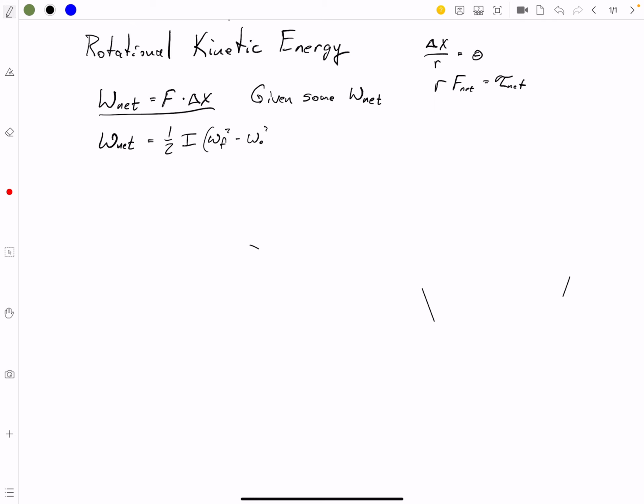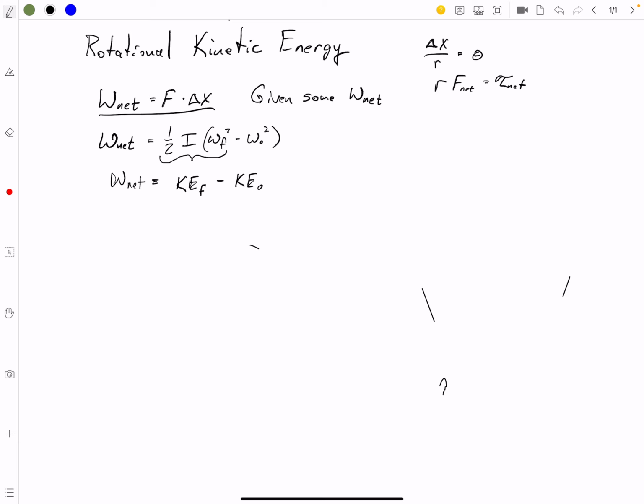Now we got to square them, and we've squared them, and that's fine. And if you notice, this part is KE final, and we're subtracting off the KE initial. And there's our work net.